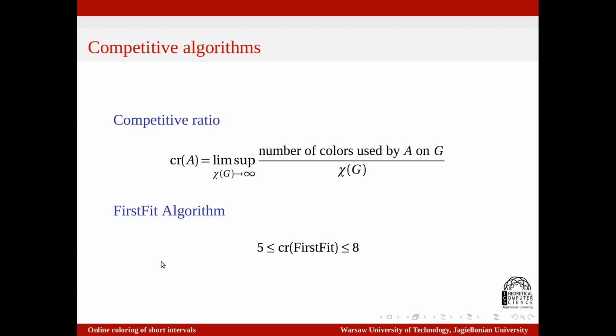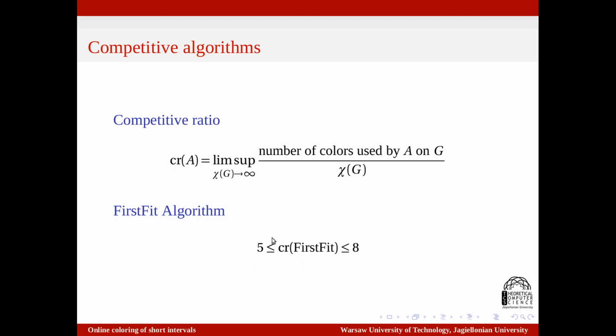We saw the first fit algorithm in action, and for that algorithm we know that the competitive ratio is between 5 and 8, and this inequality tells us that the first fit algorithm is not that bad. Whatever the input, it will use at most 8 times too many colors.